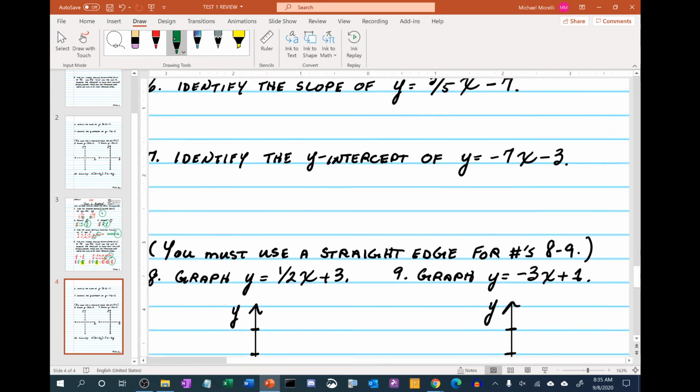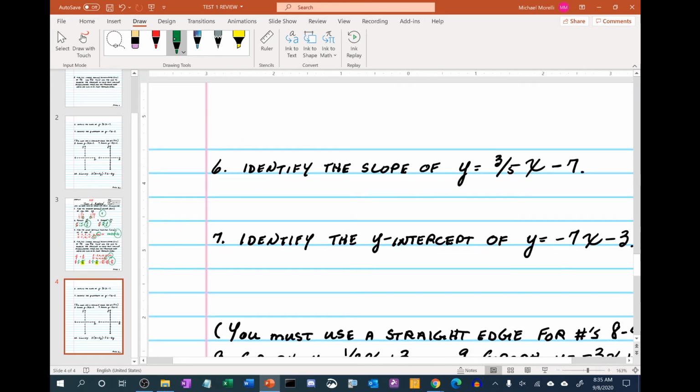All right, moving right along to the back page. Most people got this. This is an identify problem. We're trying to identify the slope of the line y equals 3/5 x minus 7, and it's just 3/5. Now identify the y-intercept of y equals negative 7x minus 3.